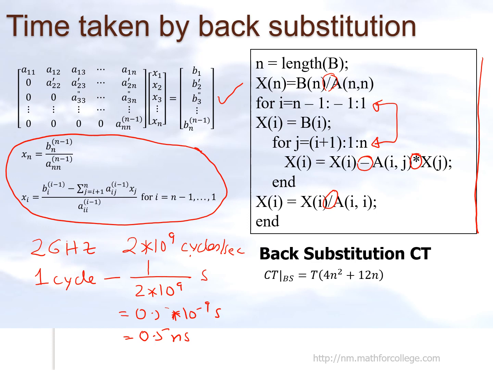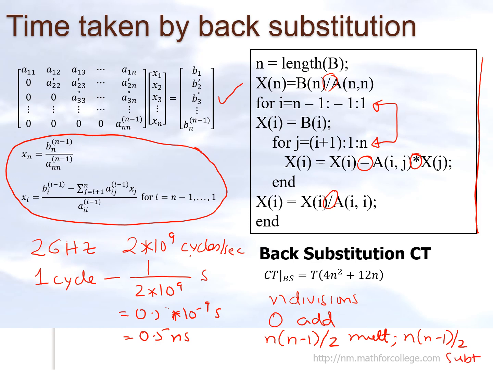But what we find out is that if we go through this algorithm, the number of multiplications, additions, divisions, and subtractions are as follows. You have n divisions, 0 additions, n times n minus 1 divided by 2 multiplications, and n times n minus 1 divided by 2 subtractions.